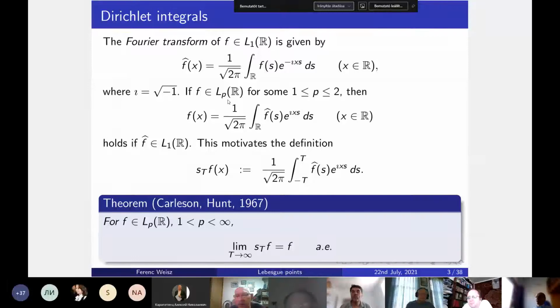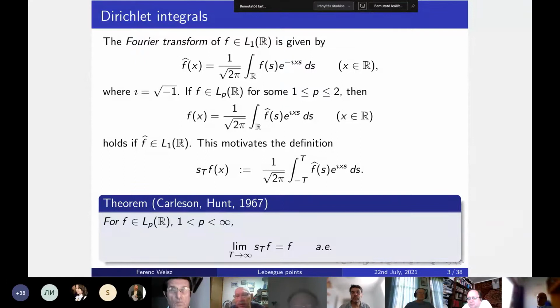This holds if the function f is in the L^p space and the Fourier transform of f is integrable. So this is a very nice formula, but the problem is that this condition, that f hat is an integrable function, is a very strong condition.